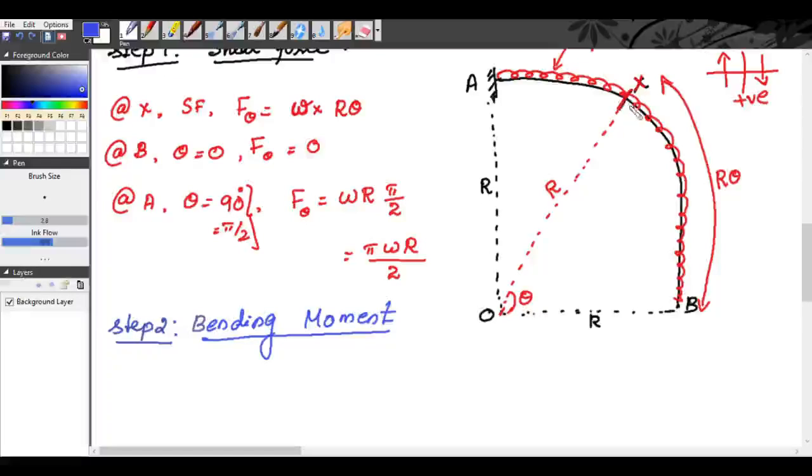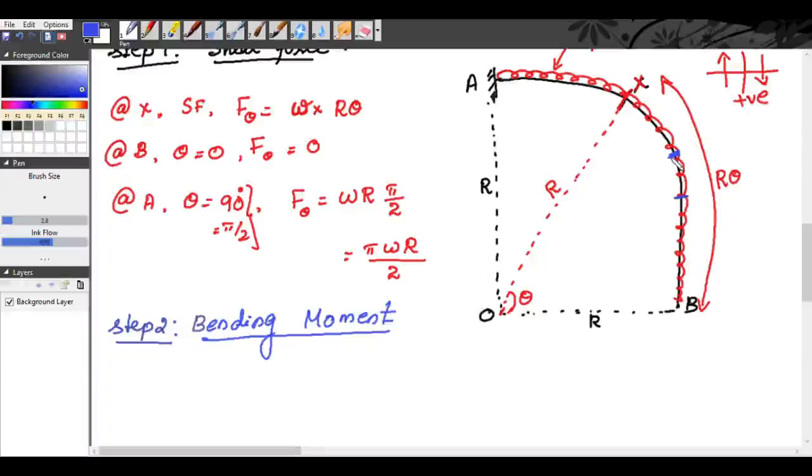See, this is from B, at this distance we are taking X. Because for a cantilever we will always analyze from the free end, we will start the analysis from the free end. So in this portion we will consider a small stripe.